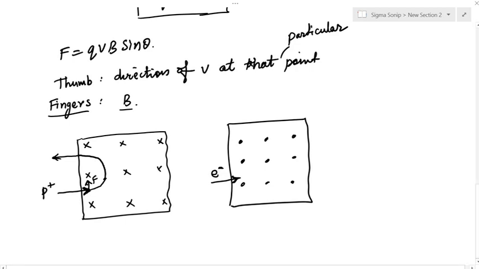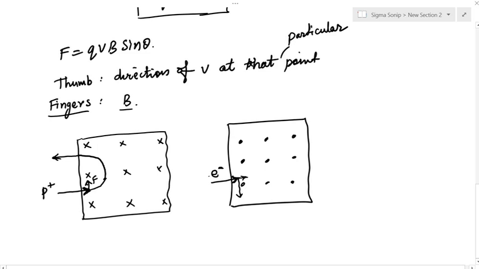Suppose that instead of an electron, this is a proton with velocity in this direction. The magnetic field is out of the page. Using the right hand palm rule, we'll see that the force will be in this direction, but that would be in the case of a proton.